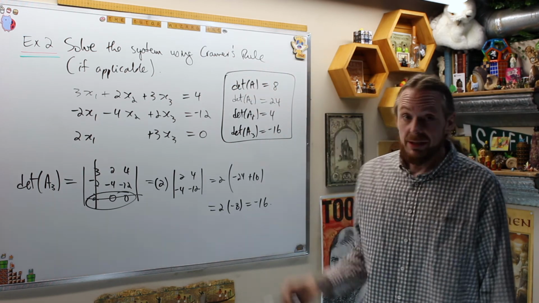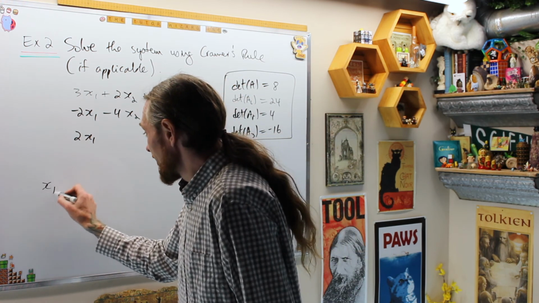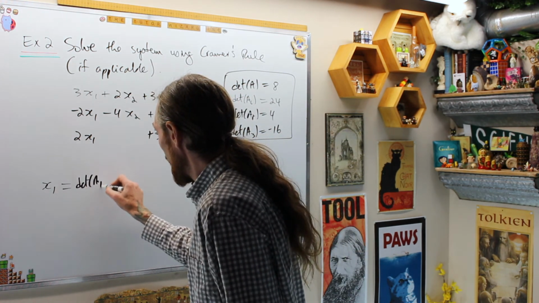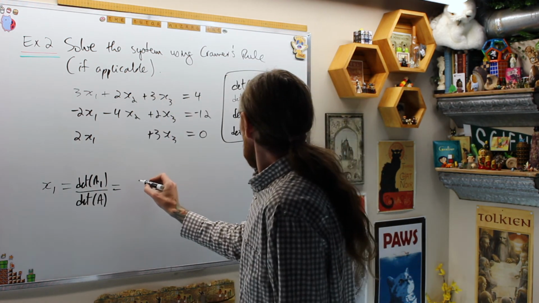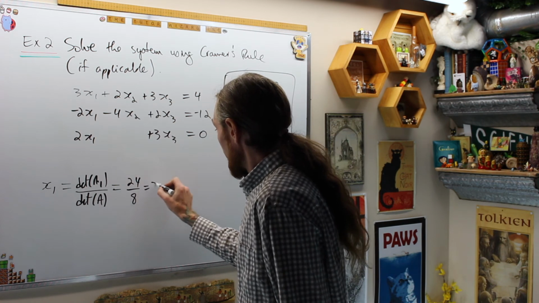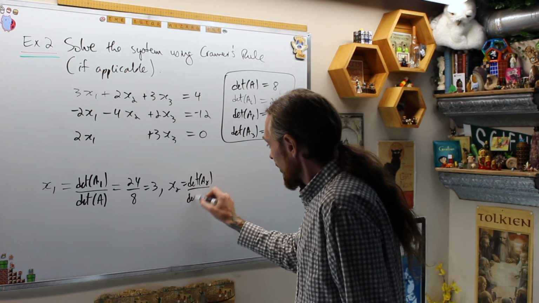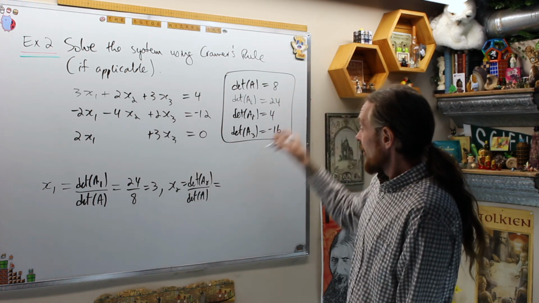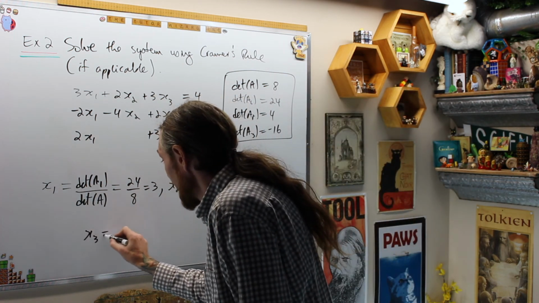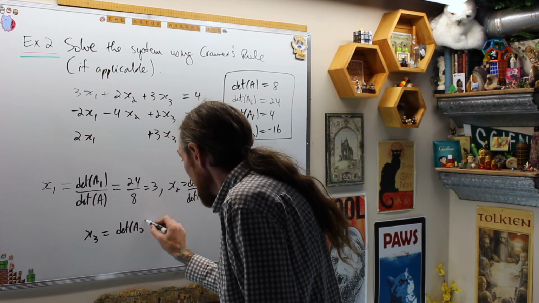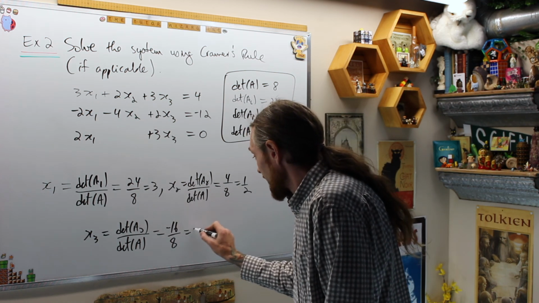What do I do with this information? We write the unique solution as the ratio of these determinants. Given this information, that tells us that the unique solution is x1 is the determinant of A1 over the determinant of A, which is equal to 24 over 8, which is 3. x2 is the determinant of A2 over the determinant of A, which is equal to 4 over 8, which is 1/2, and x3 is equal to the determinant of A3 over the determinant of A, which is -16 over 8, which is -2.